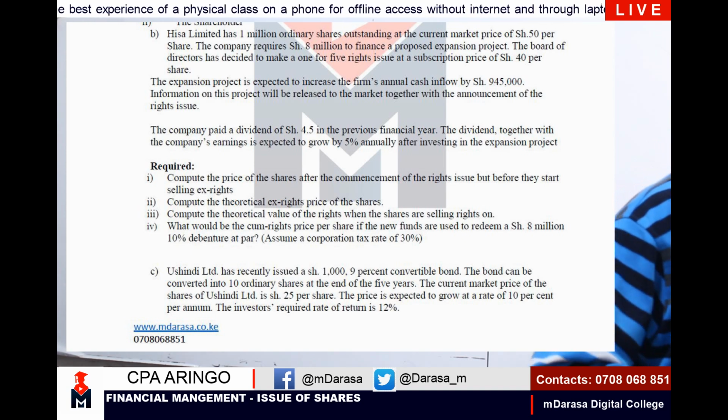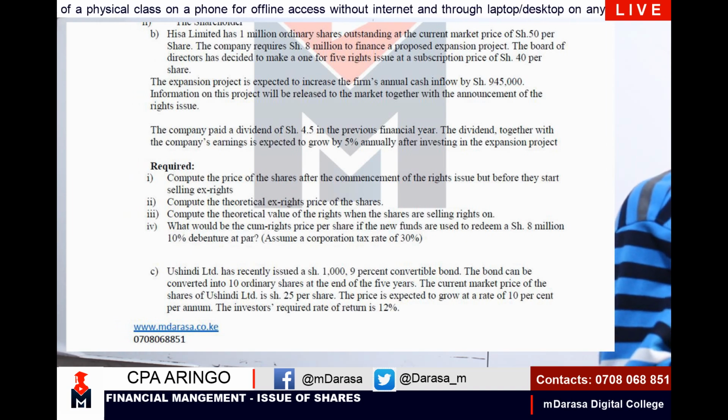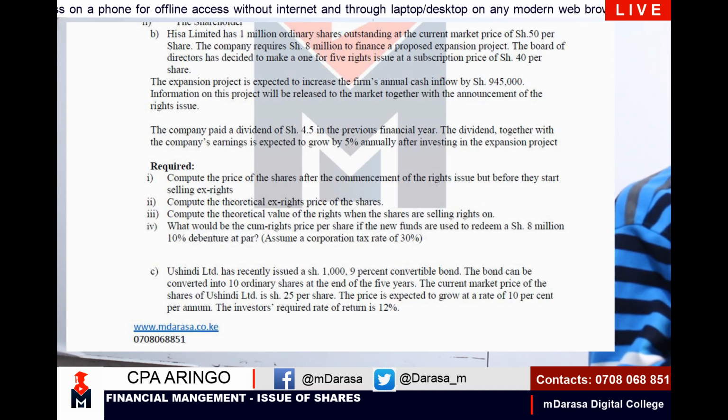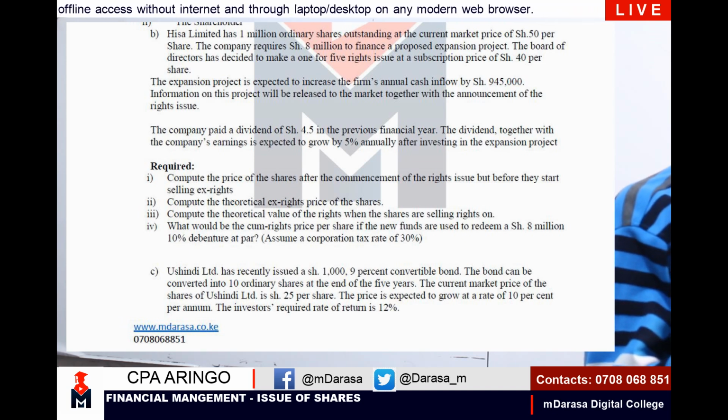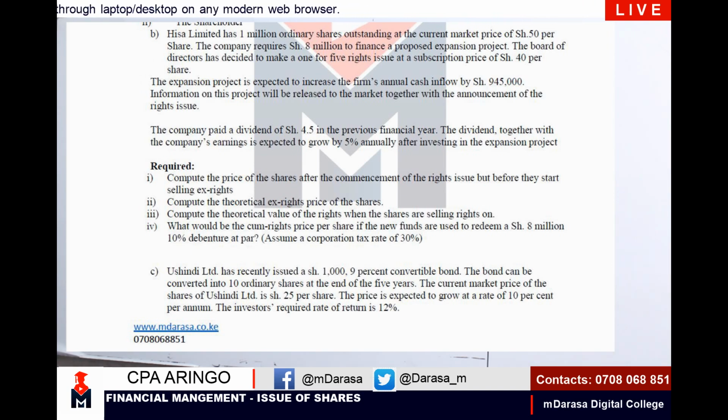In that case, I think that will be very simple. What we really need to do here is to determine the current market price of our shares and add the NPV per share. That is simply what the examiner wants us to determine.